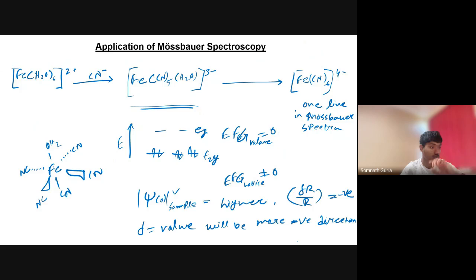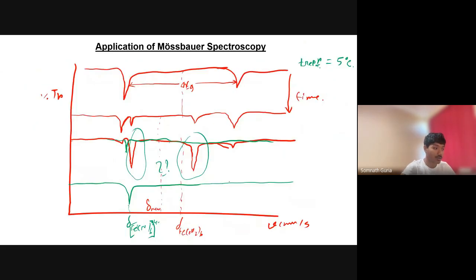Okay, so that's why we are getting the delta value of this, which is actually Fe cyanide hexa-water, this molecule, 3 minus.